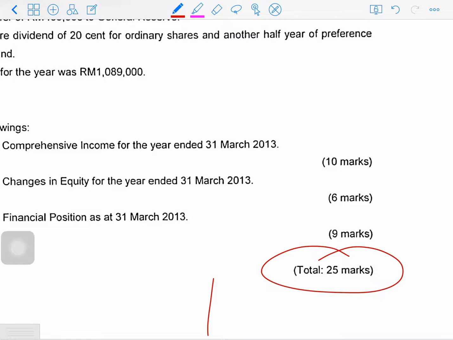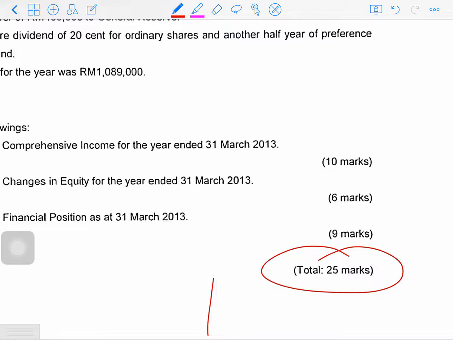Next, you should categorize the expenses according to cost of sales, administrative expense, selling and distribution expense, and finance expense.